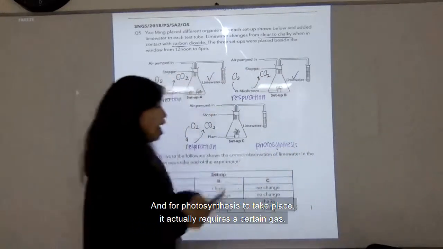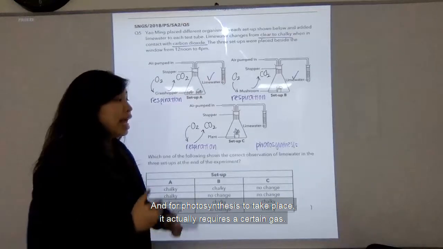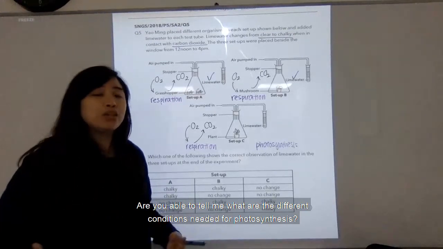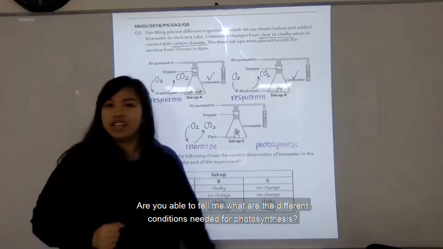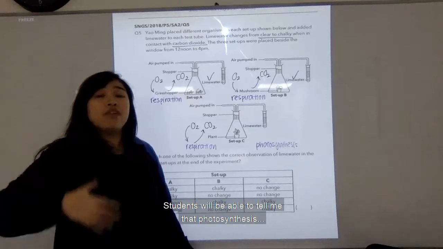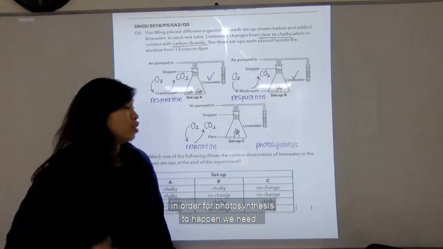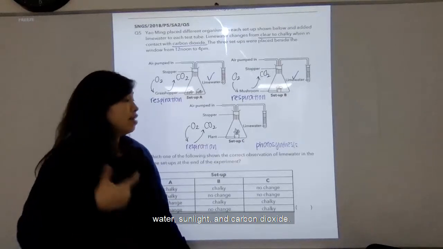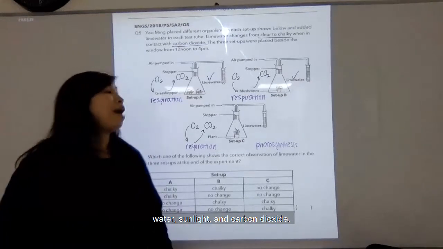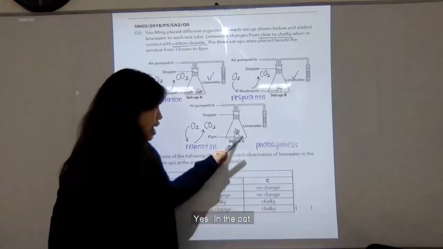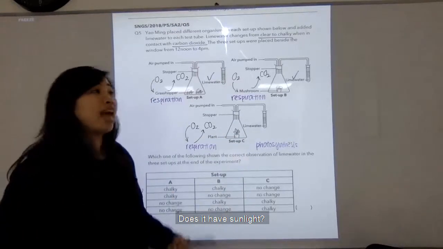Photosynthesis. And for photosynthesis to take place, it actually requires a certain gas. Are you able to tell me what are the different conditions needed for photosynthesis? Students will be able to tell me that in order for photosynthesis to happen, we need water, sunlight, and carbon dioxide. So for the plant, does it have water? Yes, in the pot. Does it have sunlight?